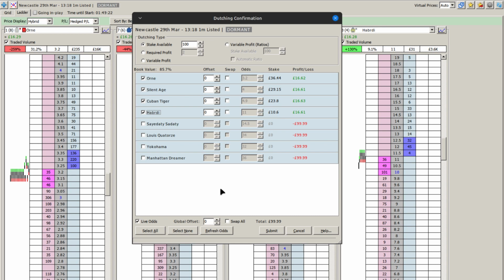So the more runners you have involved in your Dutch, generally speaking, the longer you need to let the race run in order to have the possibility of one of your runners dropping low enough to not only meet your target profit, but to recover the money on all the other runners.